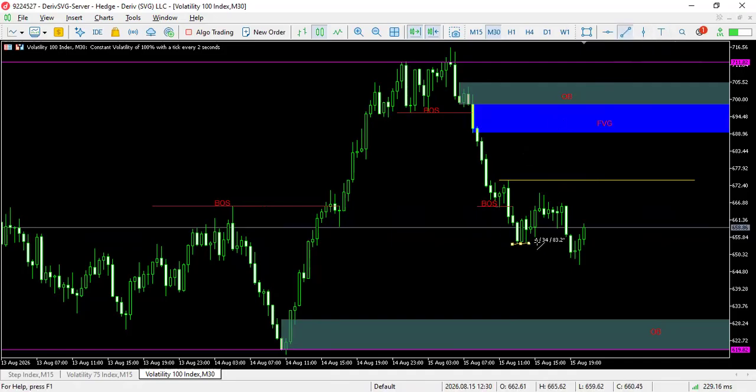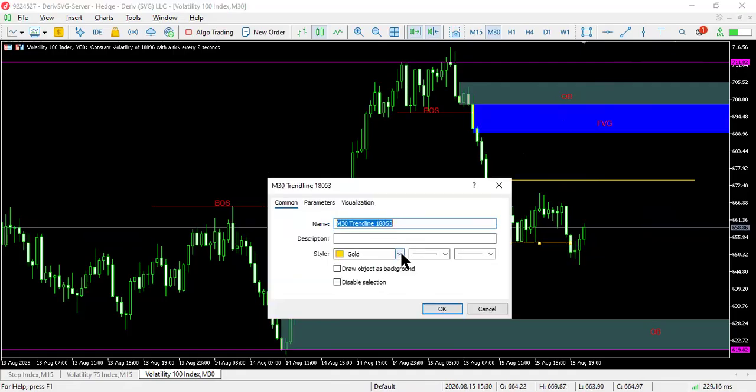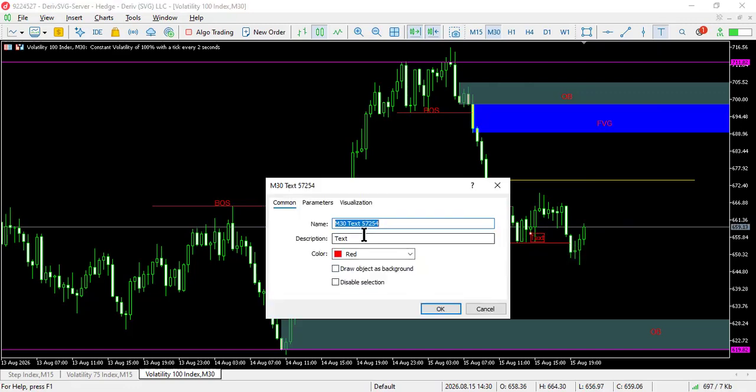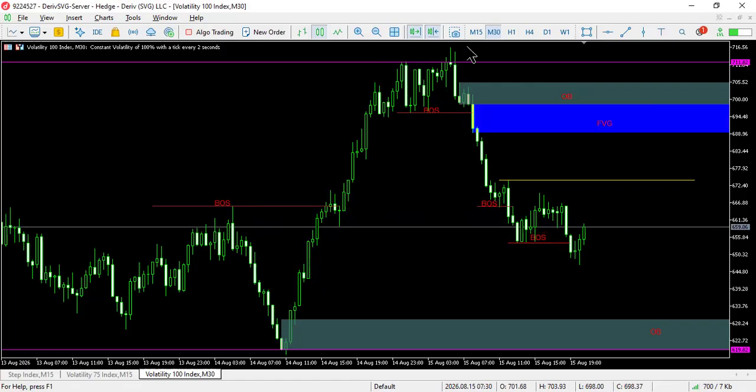And then we also have this break of structure. We have that break of structure.